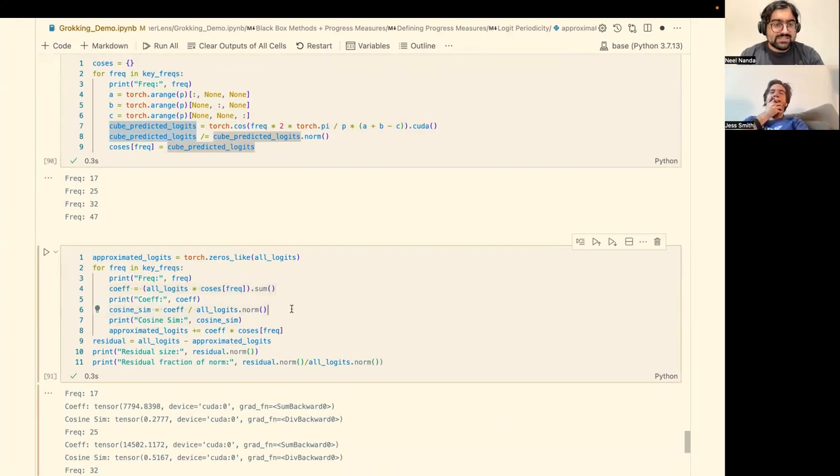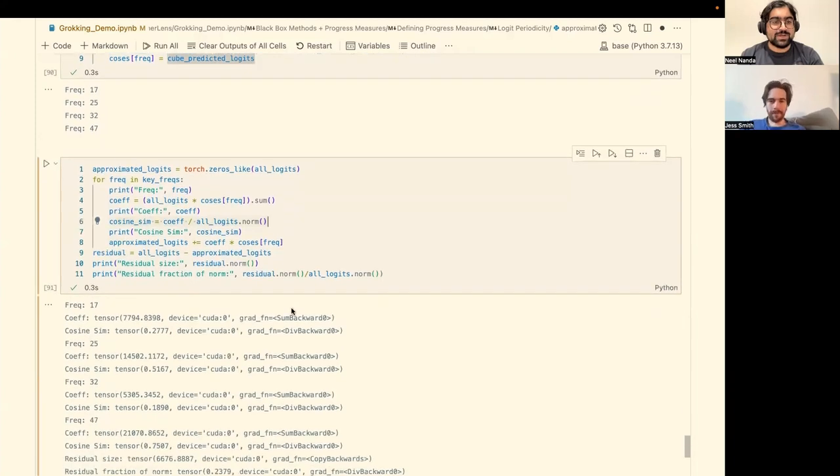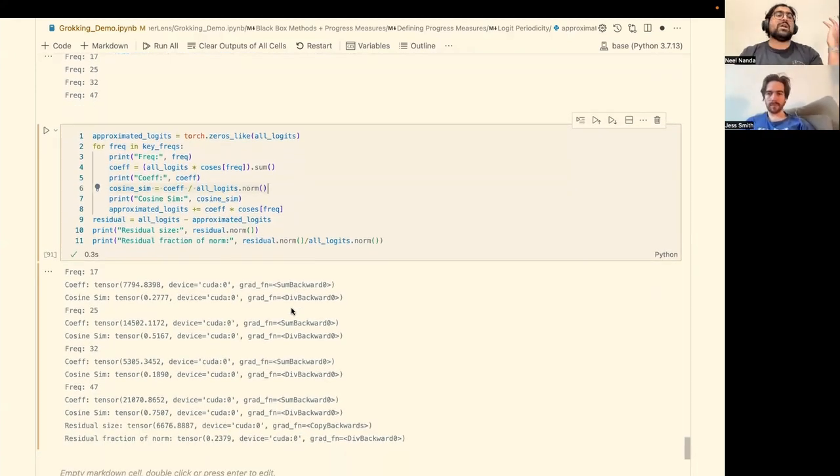I can normalize it to get the cosine similarity, which is a metric for how much of the logits is explained by this. And also calculated this approximated logits term for what's the guess for the logits if we just only take these.